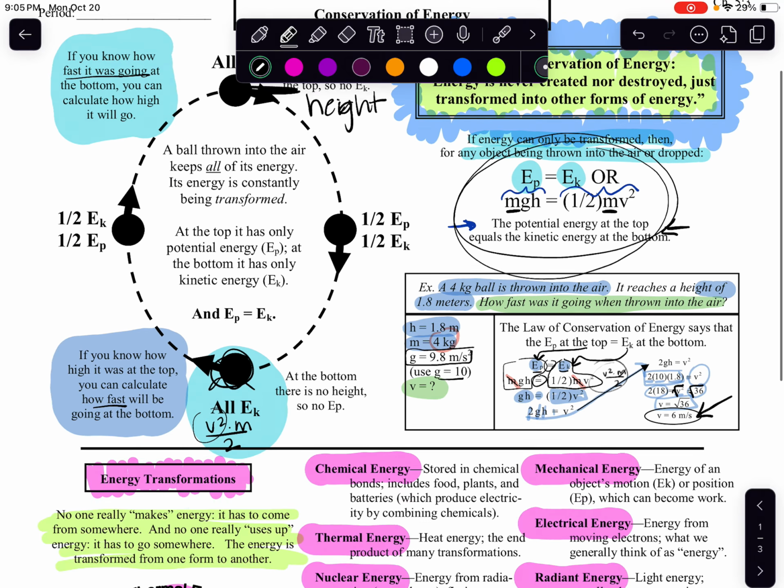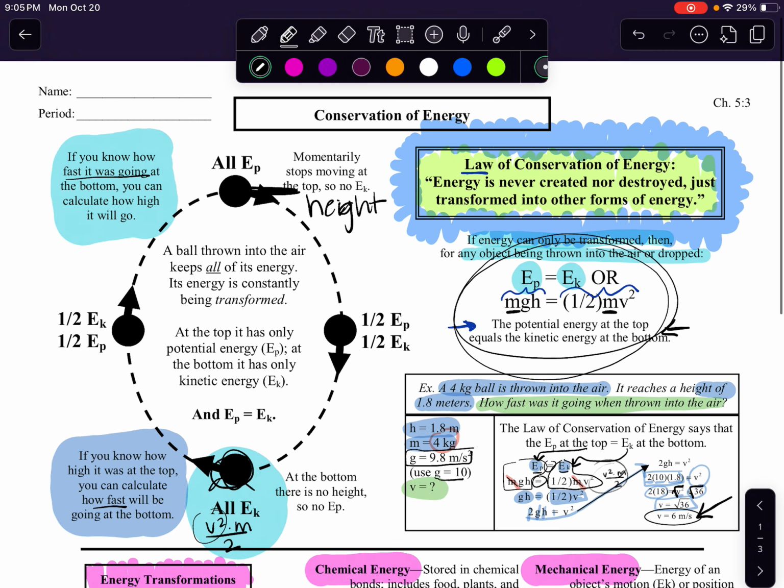Let's say that this ball had 100 joules of potential energy. That energy doesn't just disappear. It cannot be destroyed. But as it falls and speeds up, once it gets here, its fastest speed, it now has 100 joules of kinetic energy and 0 of potential.